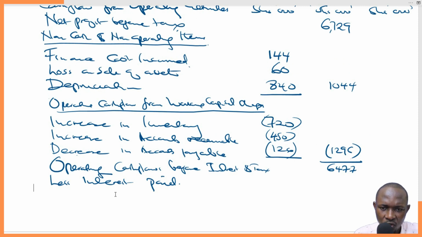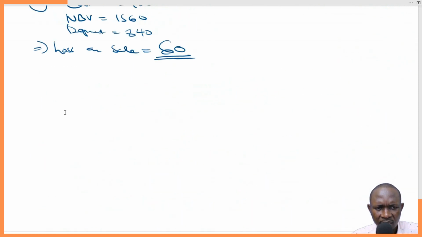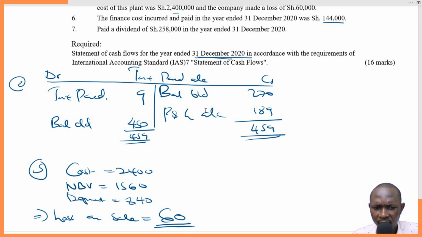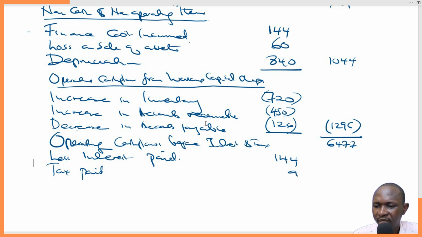basically this finance cost incurred, which is now 144, and then we also less tax paid, and I think we had worked out on the tax paid. Tax paid was 9 shillings, so we simply less 9 shillings here, and all of this is money going out.